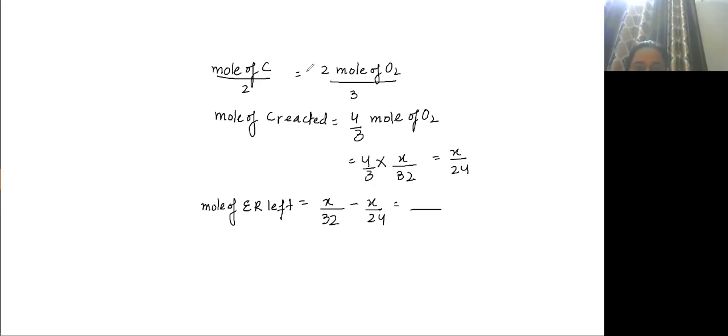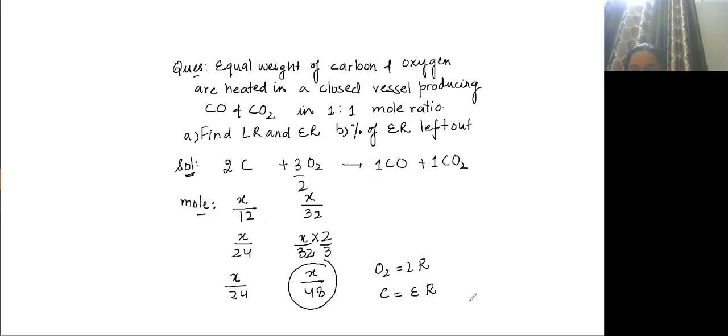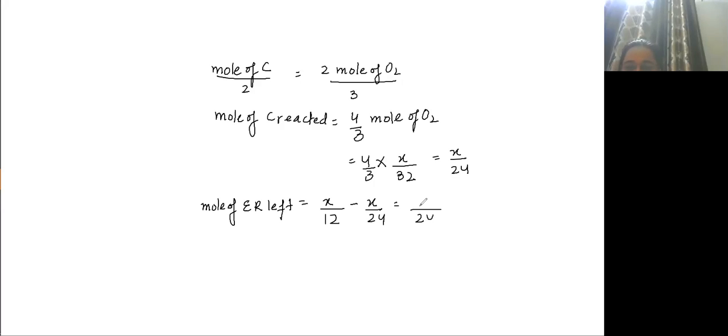Sorry, moles of carbon will be x by 12. Moles of ER is carbon. So moles of carbon is x by 12. So this will be equal to 2x minus x, so this is x by 24.